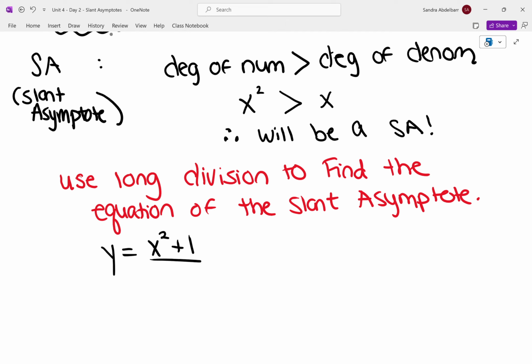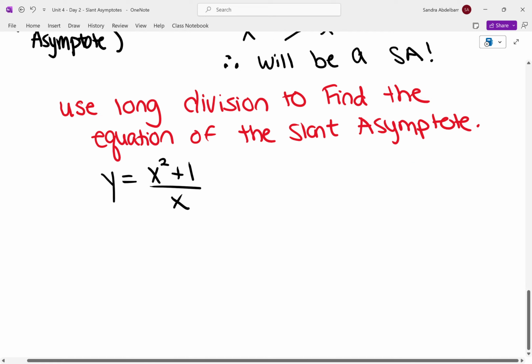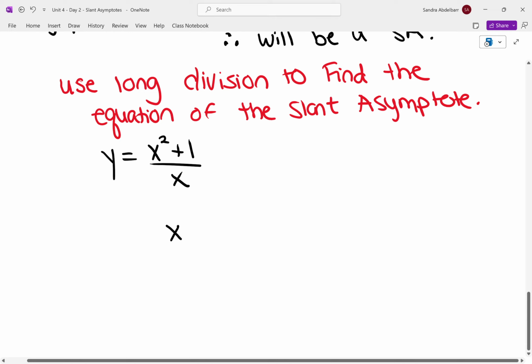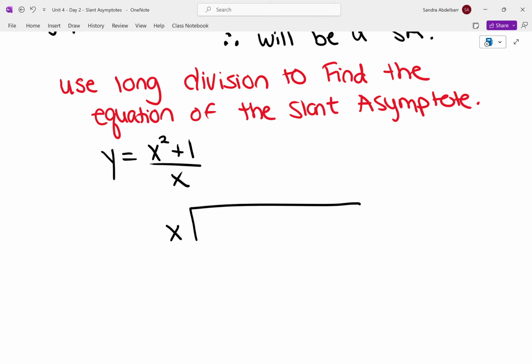So now we're going to take our function, which was y equals (x squared plus 1) over x, and we're actually going to divide. So we're going to say x on our outside, and x squared plus 0x plus 1 on the inside.